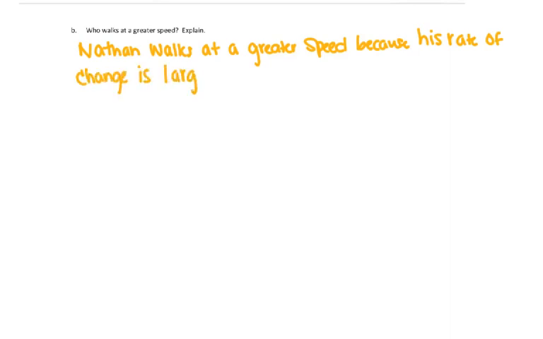And so I'm going to represent this as an inequality. So Nathan walked at 4 miles per hour, whereas Nicole walked at 3.57 miles per hour. So what I'm saying here is 4 is greater than 3.57. And because 4 is greater than 3.57, Nathan is walking at a greater speed than Nicole is.